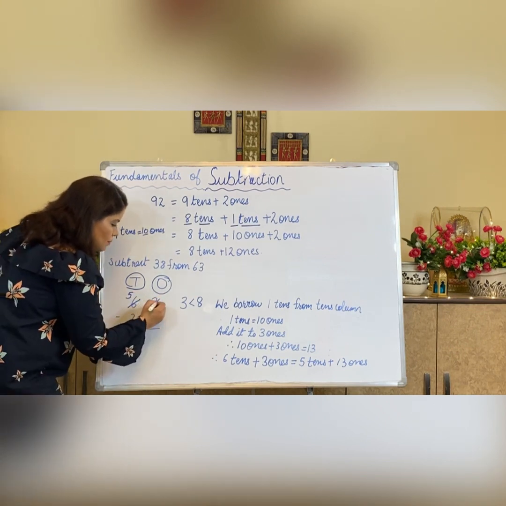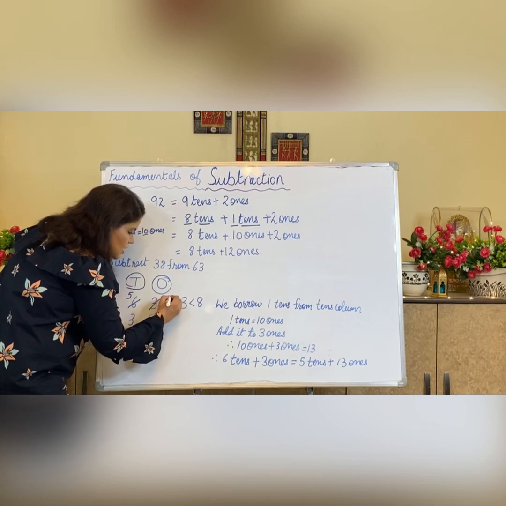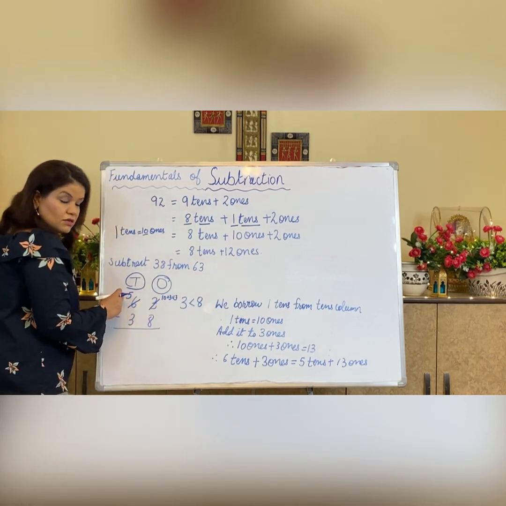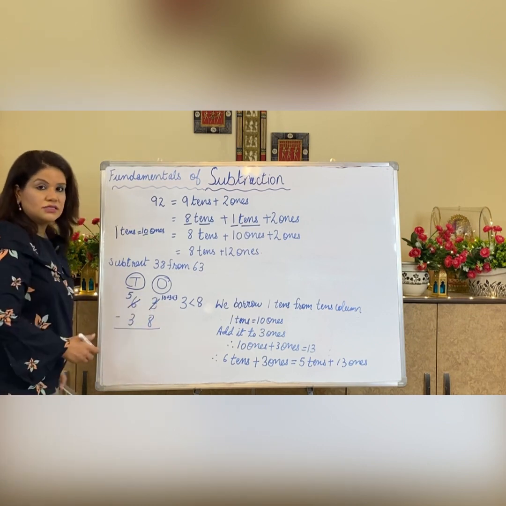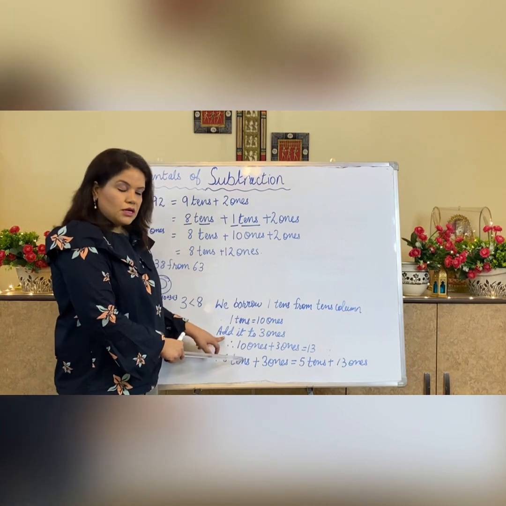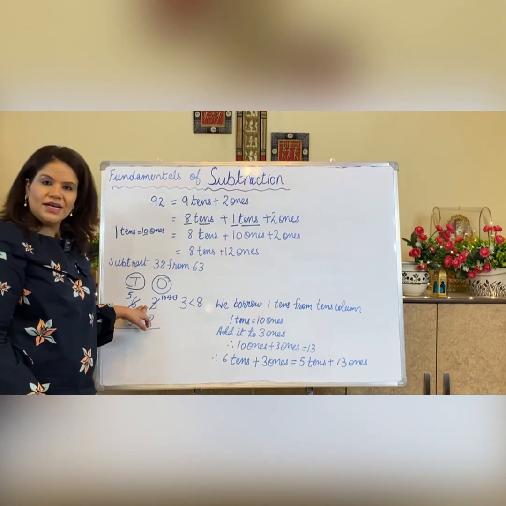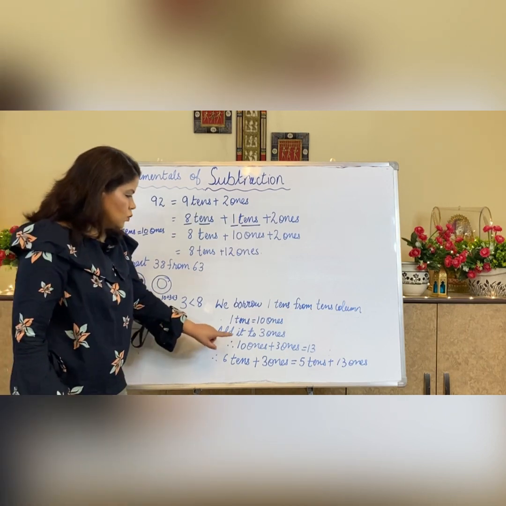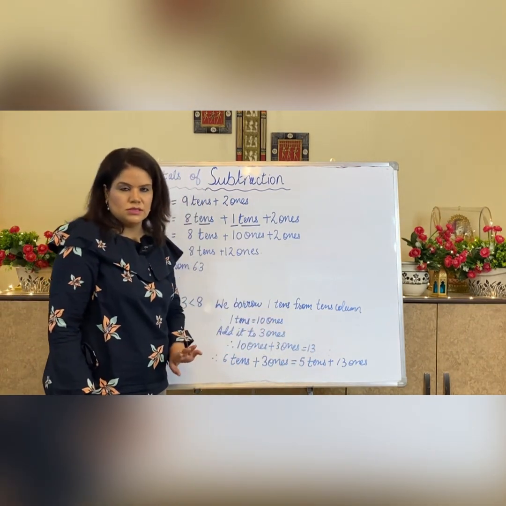This will become 10 plus 3, which is equal to 13. When this tens comes to ones, it will become 10 ones. 10 ones plus the 3 ones that were already there, so we add that and it will become 13 ones.